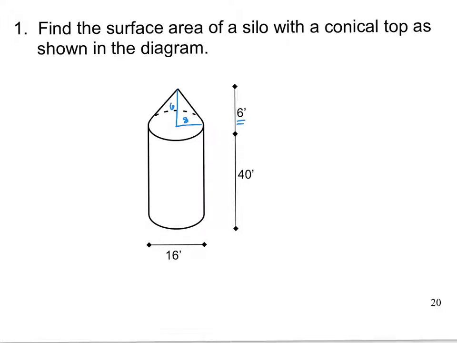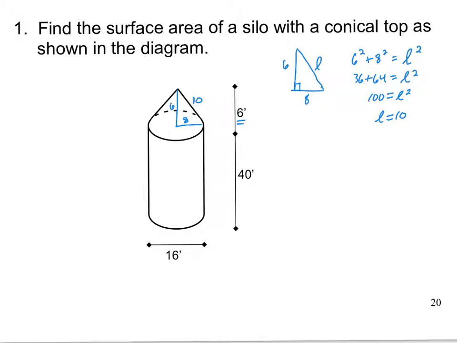So I end up with a right triangle that I can solve with the Pythagorean theorem to find the slant height here, because I know this is 6 and this is 8. So leg squared plus leg squared equals hypotenuse squared. So 36 plus 64 equals L squared. That's 100. So it looks like L must be 10. So I can put a 10 over here for my slant height.